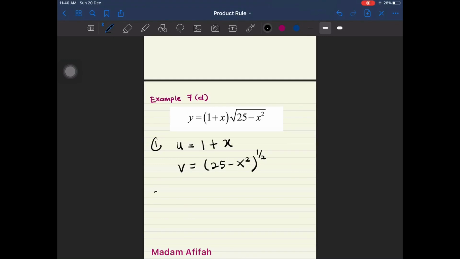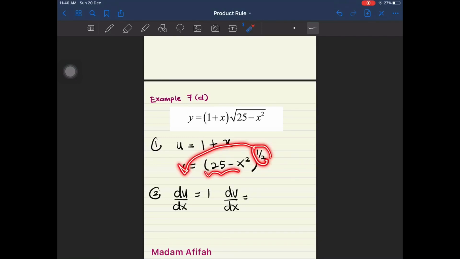The next step is to differentiate u and v correspondingly. My du/dx is equal to 1. And my dv/dx is equal to, to differentiate this one, I apply the power rule. Power to the front, and we copy back what you have here.